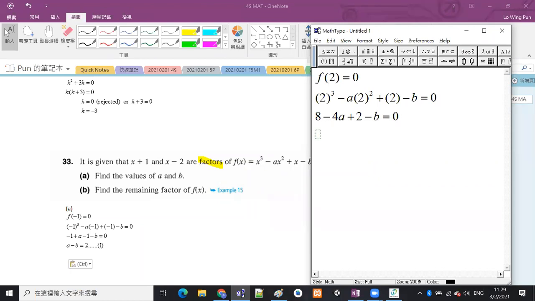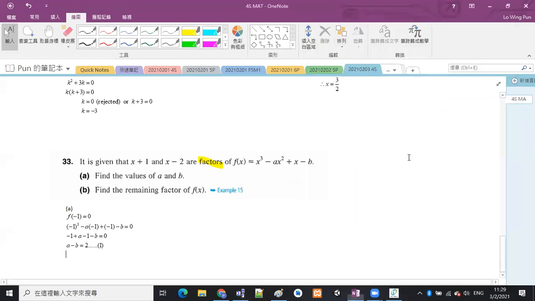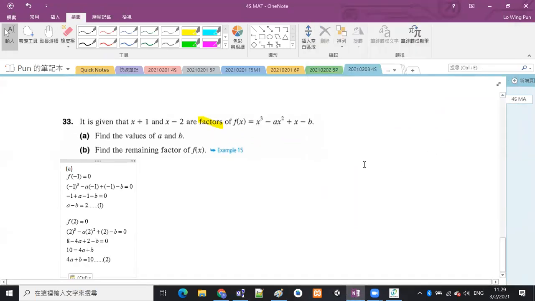And this time I move the a term and b term to the right-hand side because I want the a term on its positive side. Okay, so 10 is equal to 4a plus b, or 4a plus b is equal to 10. And label this to be equation 2. Can you get this? Okay, so now we have got our equation 1 and equation 2.